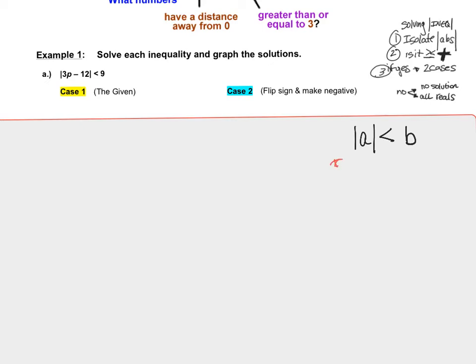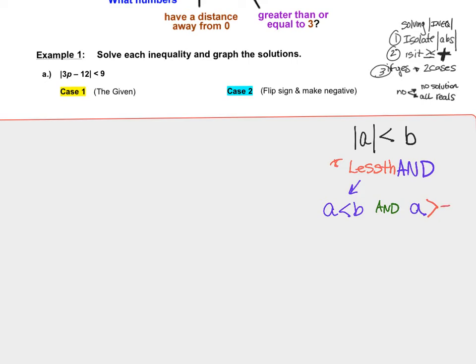So think of it this way, less than, and the two inequalities would be A is less than B and A is greater than the negative B. Look at the difference now. We switched not only the sign, not only the fact that it's equal to a negative, but now it's a different inequality symbol.